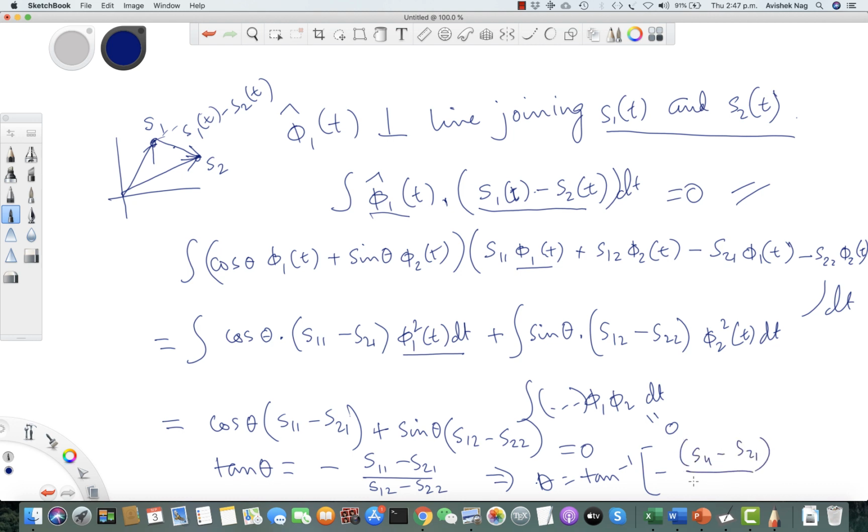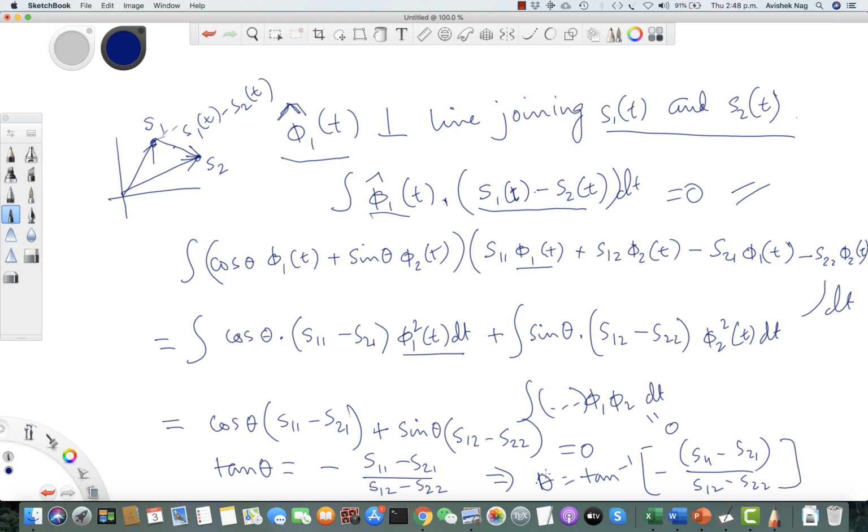This is the condition on theta that will make phi 1 hat(t), which is the new phi 1 axis in the transformed coordinates, perpendicular to the line joining S1(t) and S2(t).